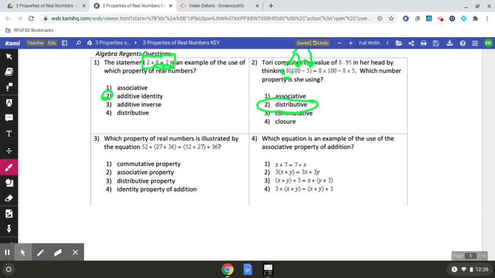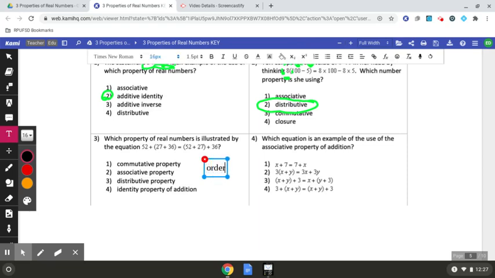Okay, number 3, which property of real numbers is illustrated by the equation 52 plus parentheses 27 plus 36 equals parentheses 52 plus 27 plus 36. So the order of my numbers remain the same. So here we have order staying the same, 52, 27, 36.